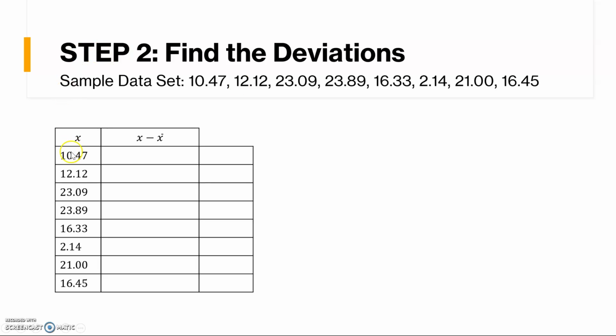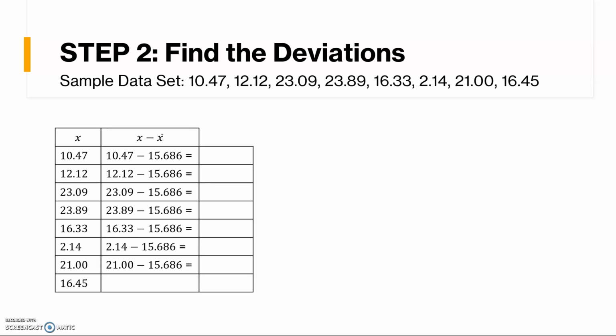So I'm going to take each one of these numbers, subtract 15.686, and do that for every single data value. Here's all my data values, and then we are subtracting them by the mean.